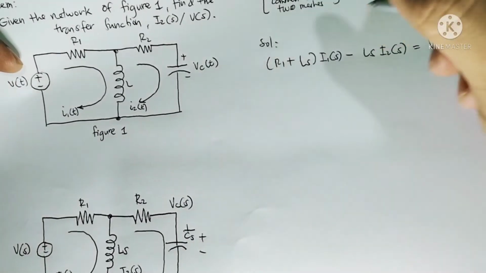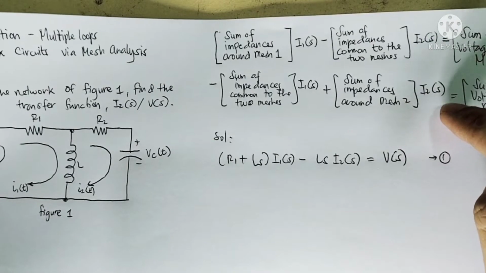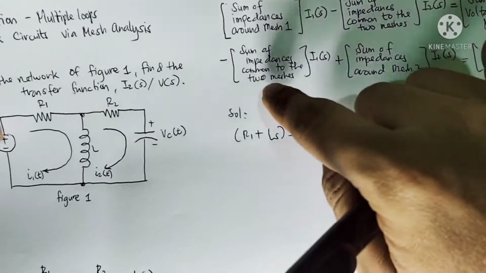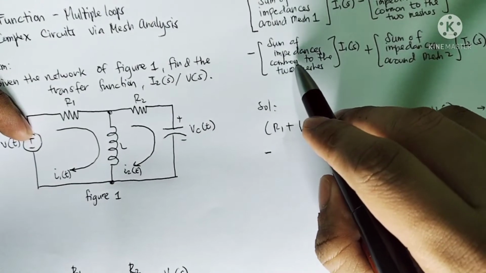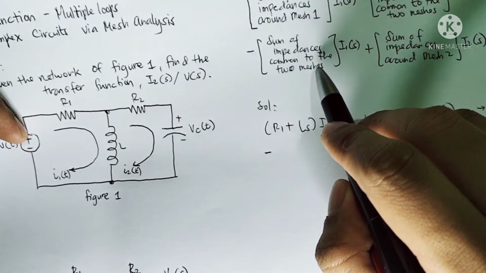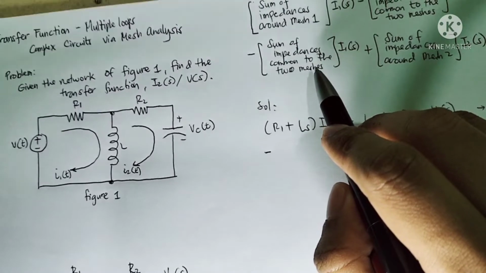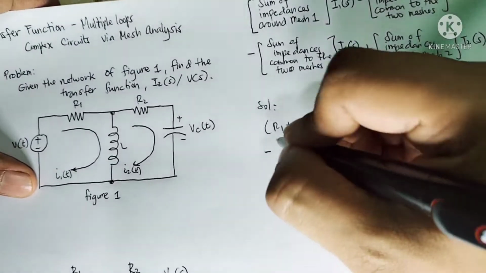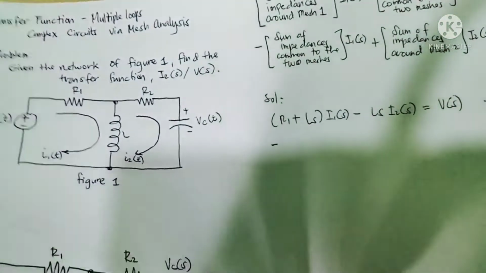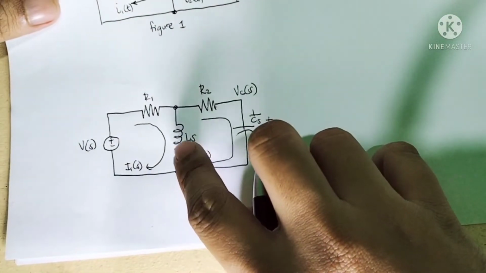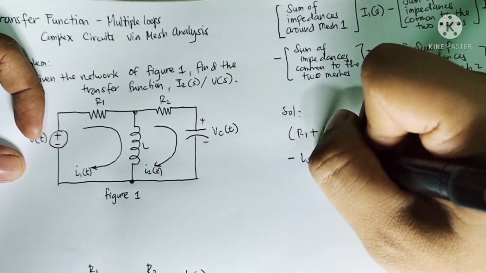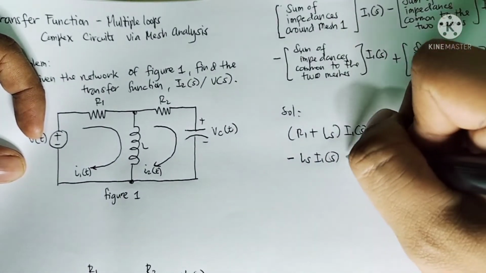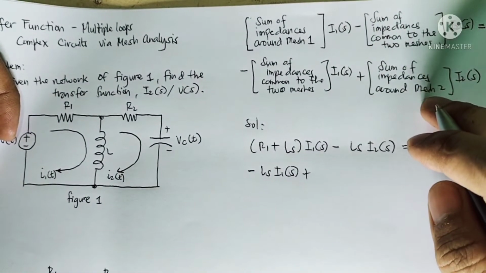For equation 2, we need to use this pattern: negative sum of impedances common to the two meshes. This is the same Ls, common to the two meshes. So this is Ls times I sub 1 as a function of S, plus the sum of impedances around mesh 2.